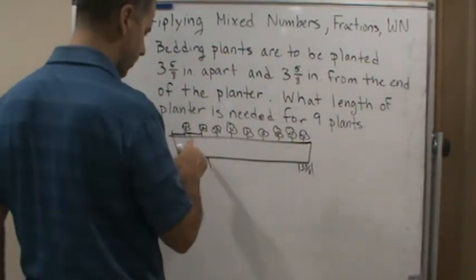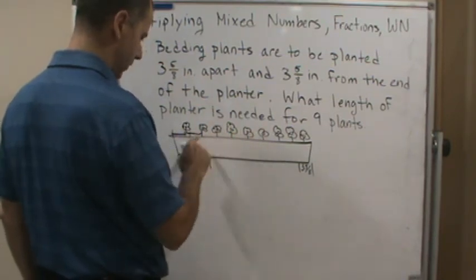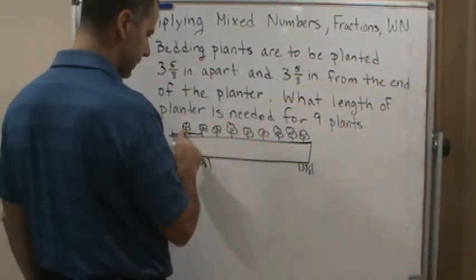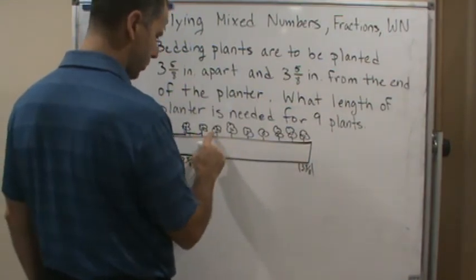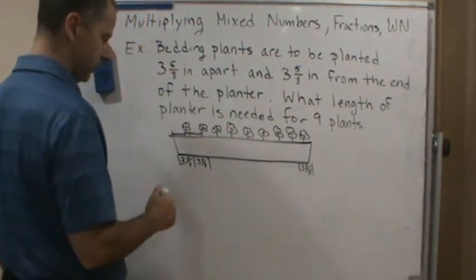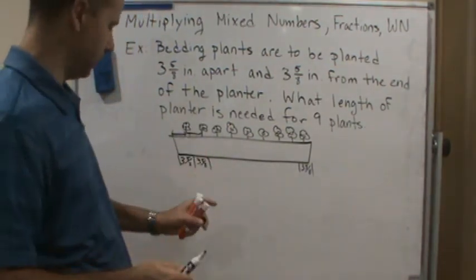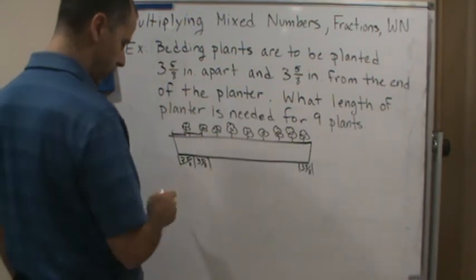So now we have 10. I had 8 flowers, but I accidentally wrote 8 flowers, so I counted them wrong. So we're going to have 10 spaces here. So 2 spaces from the end, and then we have 1, 2, 3, 4, 5, 6, 7, 8 spaces in between. So we're going to have 10 spaces that need to be 3 5/8 inches in length.